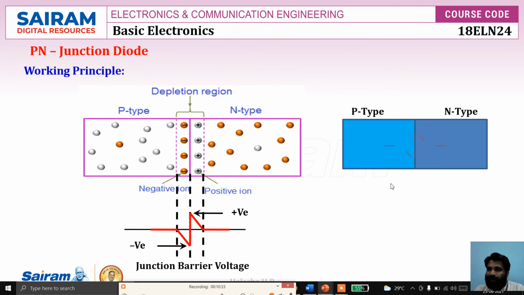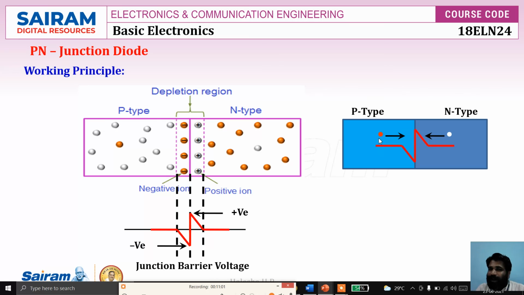Correct? So this positive charge attracts the electrons, and the negative charge towards the P-type attracts the holes. This positive charge at the N-type attracts the electrons, and they are the majority charge carriers there.